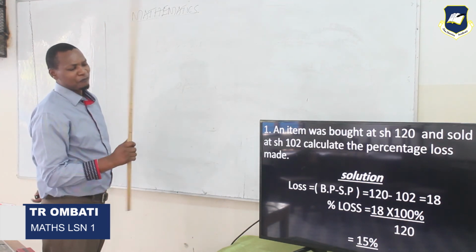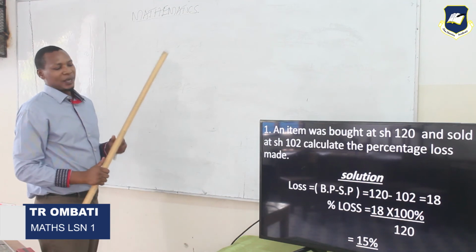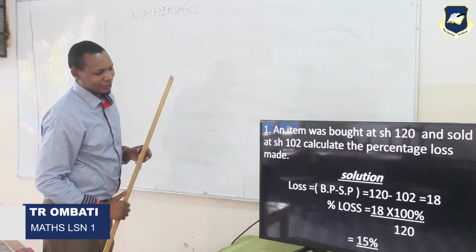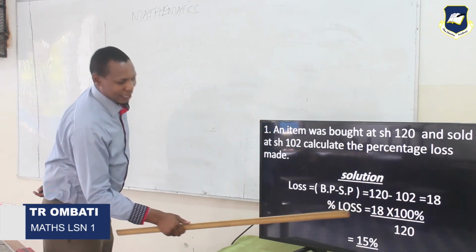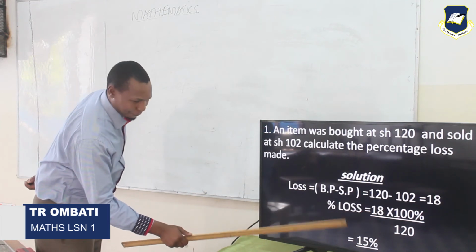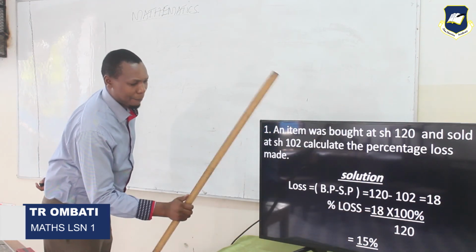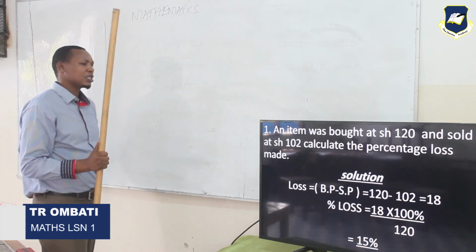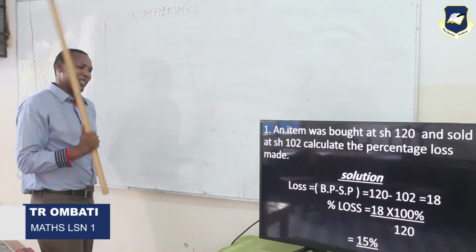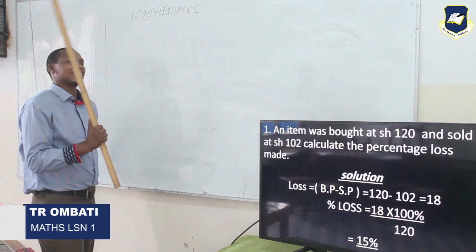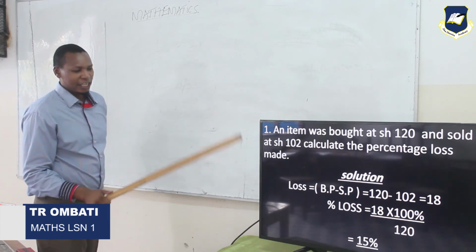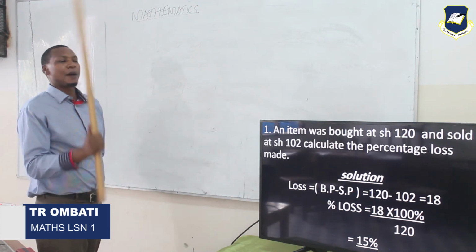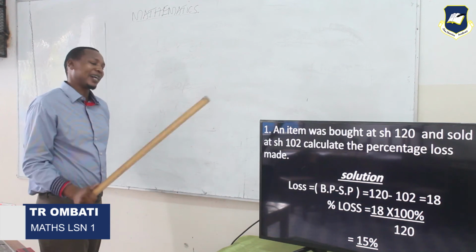So here, how do we find the percentage loss? Percentage loss is given as the loss divided by the buying price multiplied by 100. We use the buying price. When you want to find the percentage loss or the percentage profit, you express it as a percentage of the buying price.